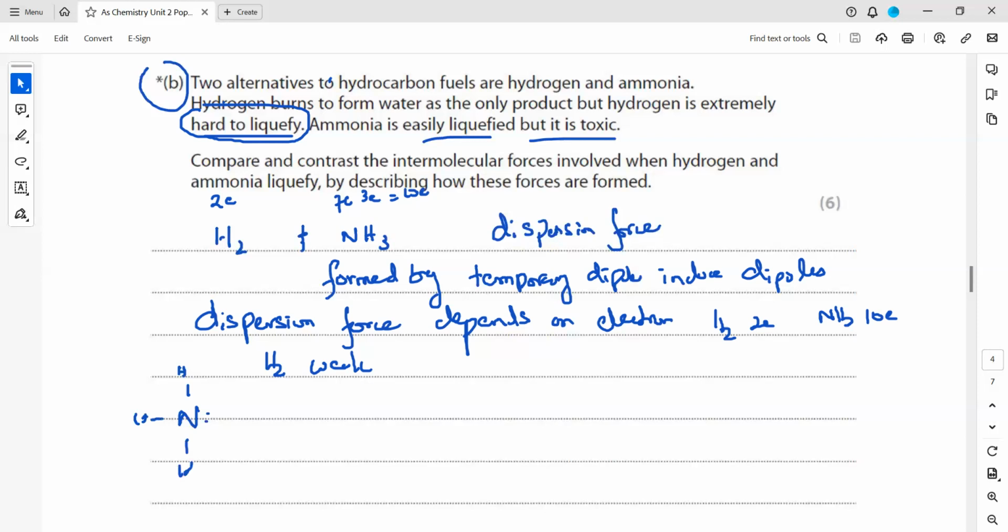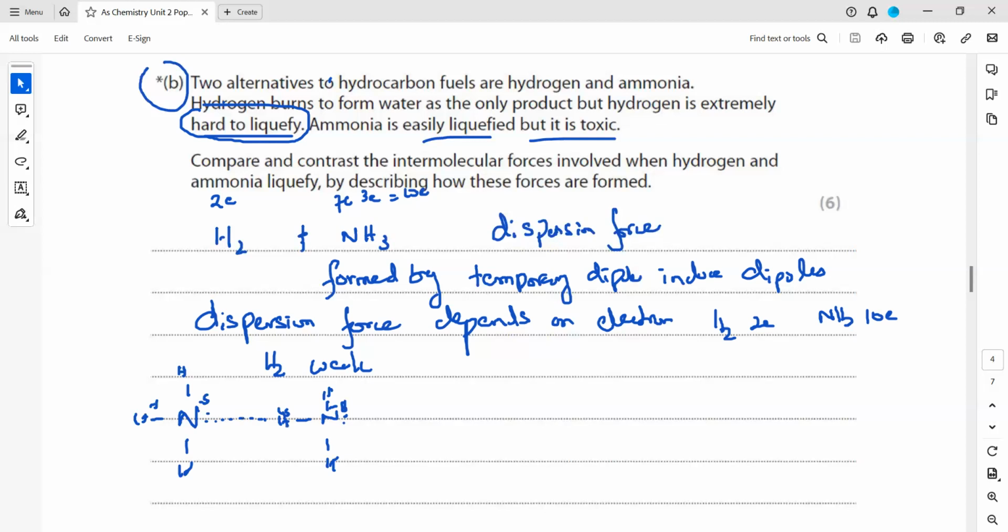Like, this is one molecule of ammonia. This is another molecule of ammonia. This will be partial negative, this will be partial positive. There will be attraction between the lone pair and the hydrogen of the adjacent molecule, and this results in the formation of a hydrogen bond.